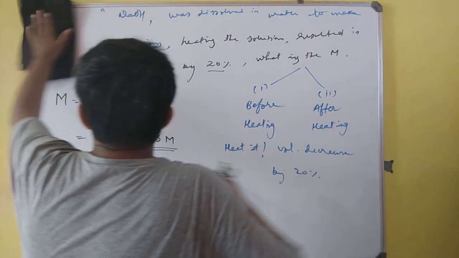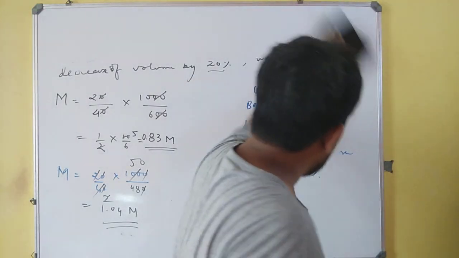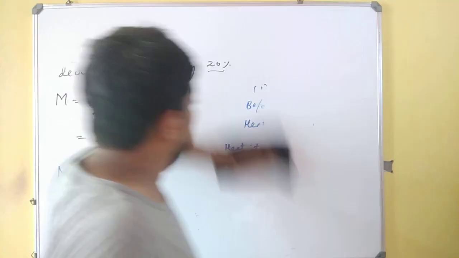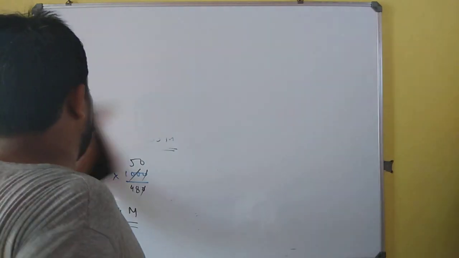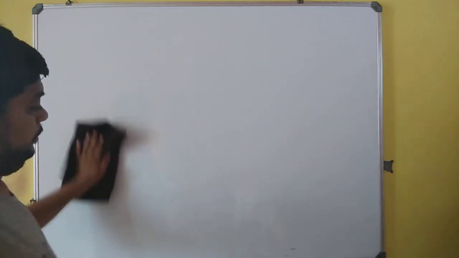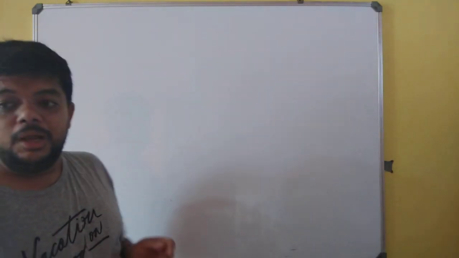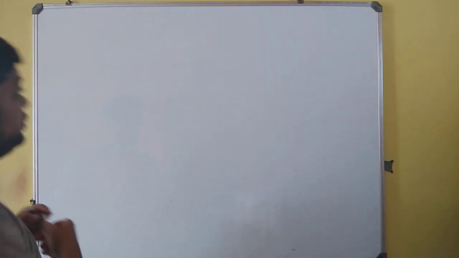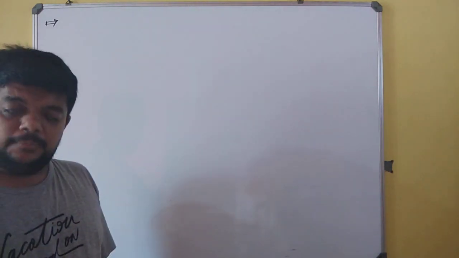Now, moving on with a few more details which are quite important when we try to explain things based on molarity and other functionals. See what happens. We are taking one more example. Look into the example very carefully.